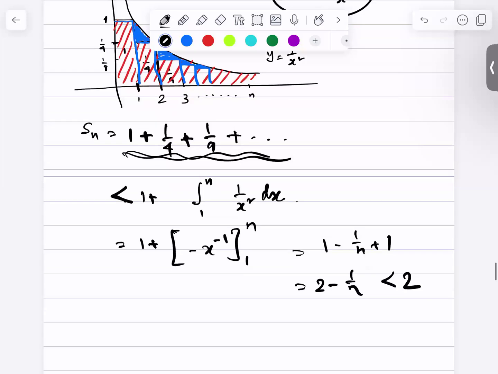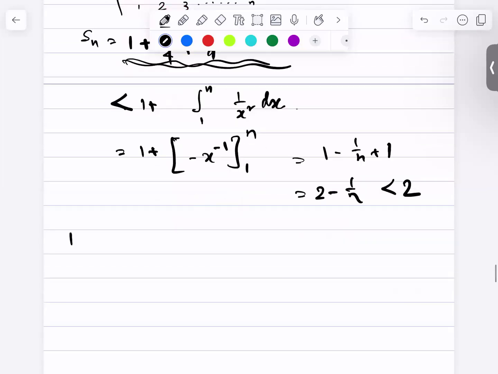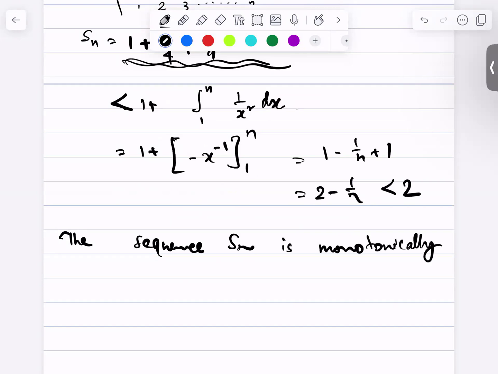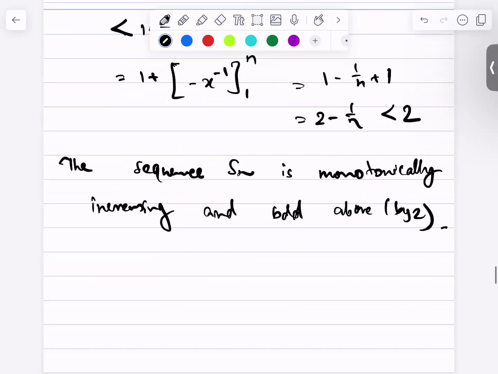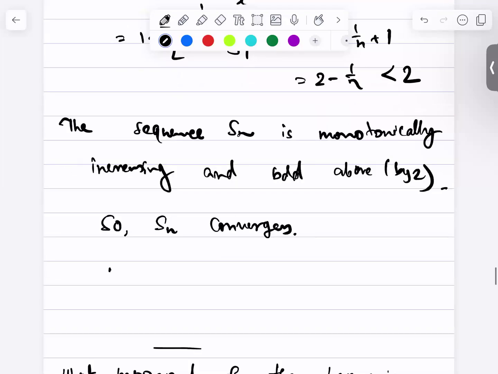So therefore, I can see that the sequence Sn is monotonically increasing and bounded above by 2. So remember there is a theorem in sequences. Therefore, Sn converges. And as Sn converges, we can say that summation 1 over n square converges as well.